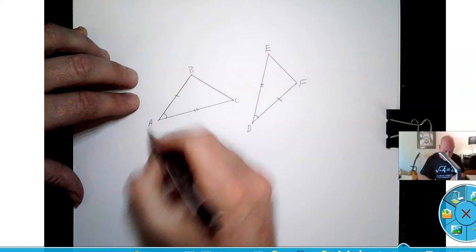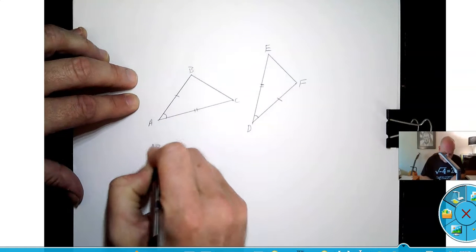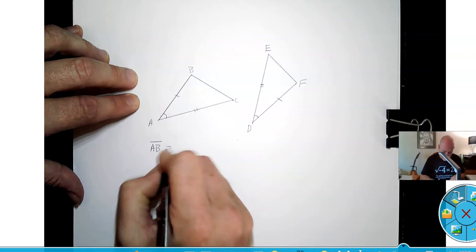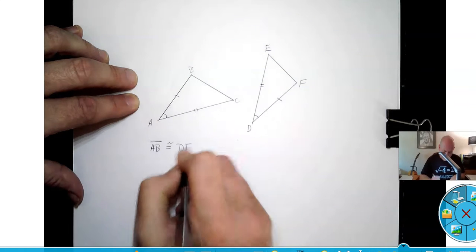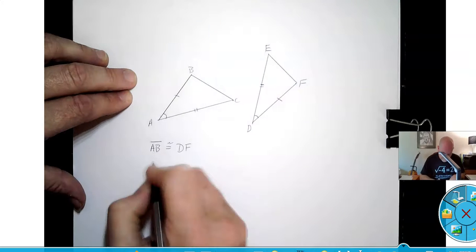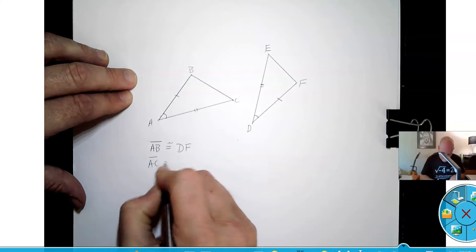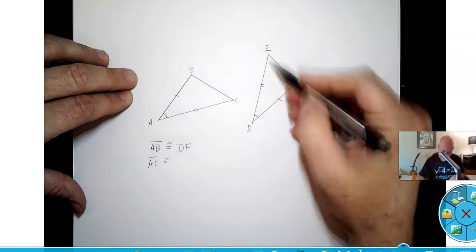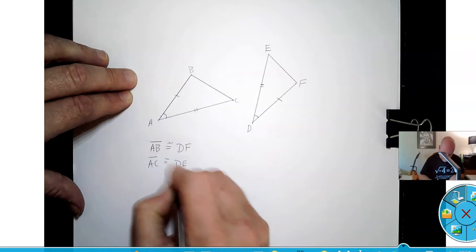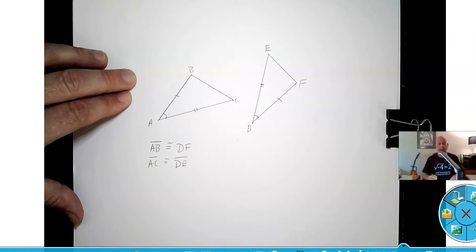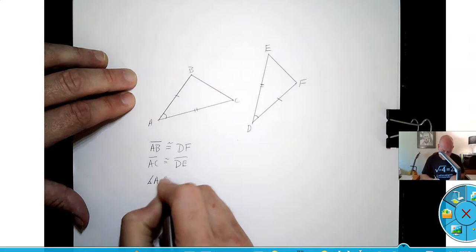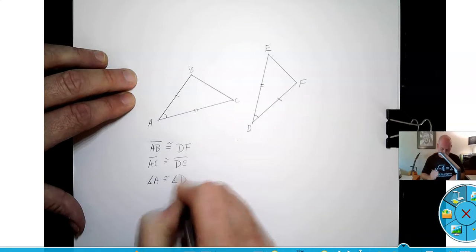So you can see side AB is congruent to side DF, and then side AC is congruent to side DE, and then we have an angle. Angle A is congruent to angle D.